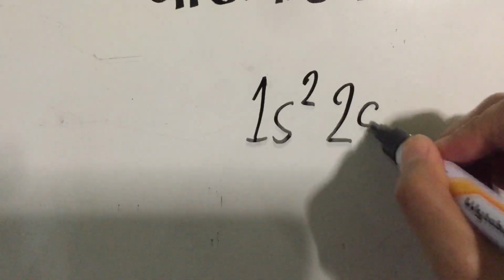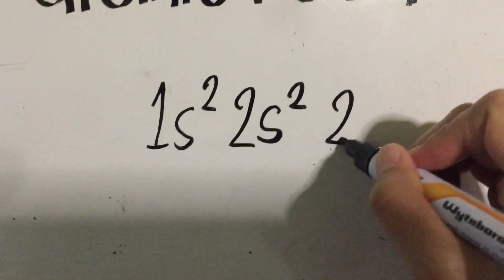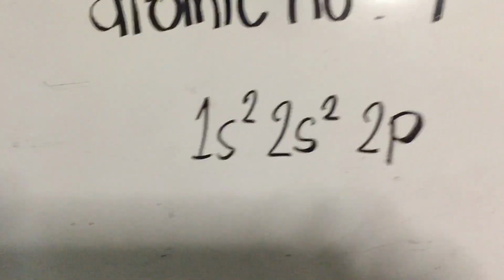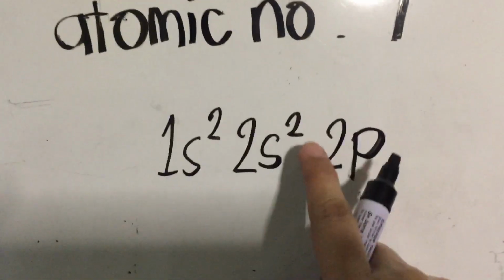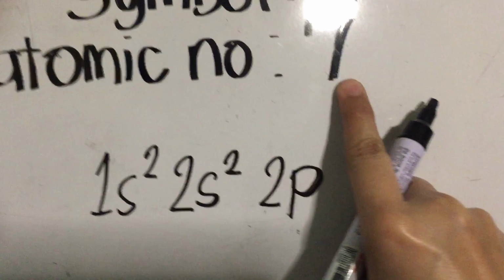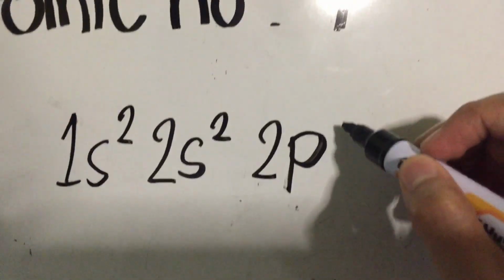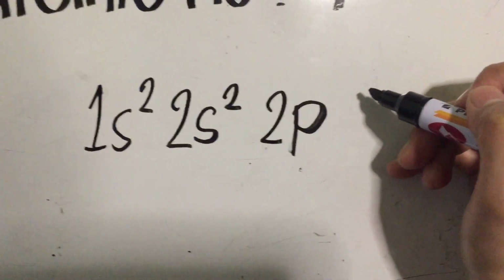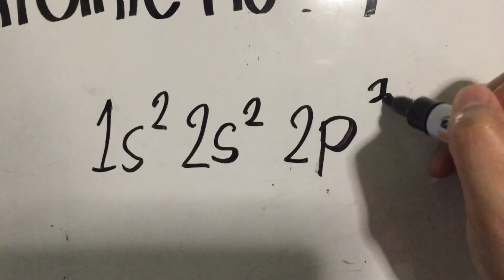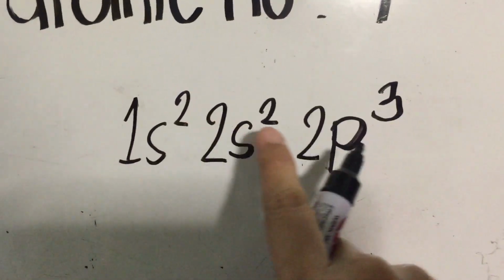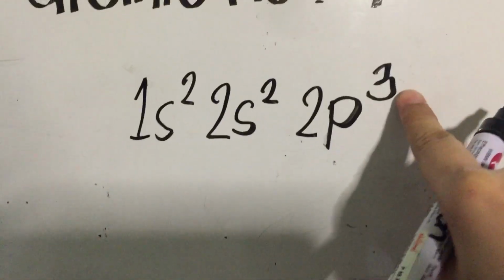Sunod is 2S2. Sunod is 2P. Ilan na yan? 2 plus 2. Ilan na lang ang kulang para maging 7? Okay. Ilan? Ilan ang kulang? 3. 3 na lang. So 4, 5, 6, 7.